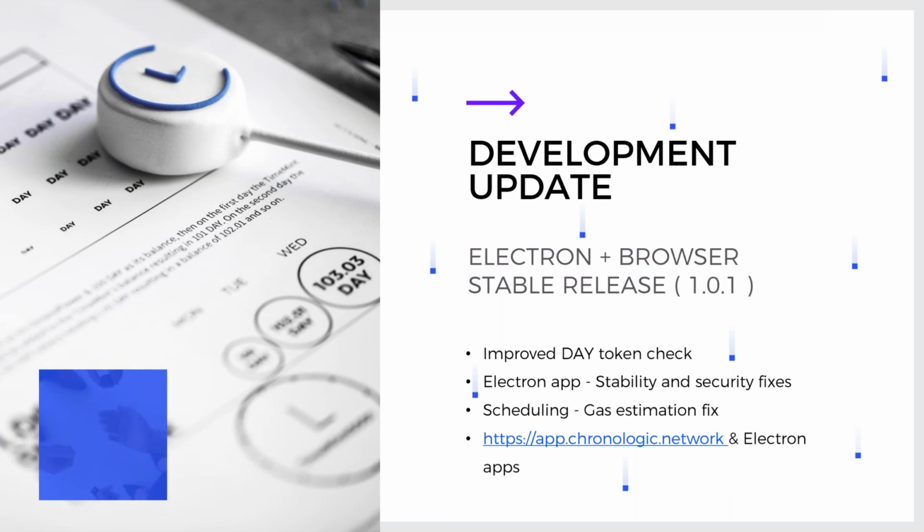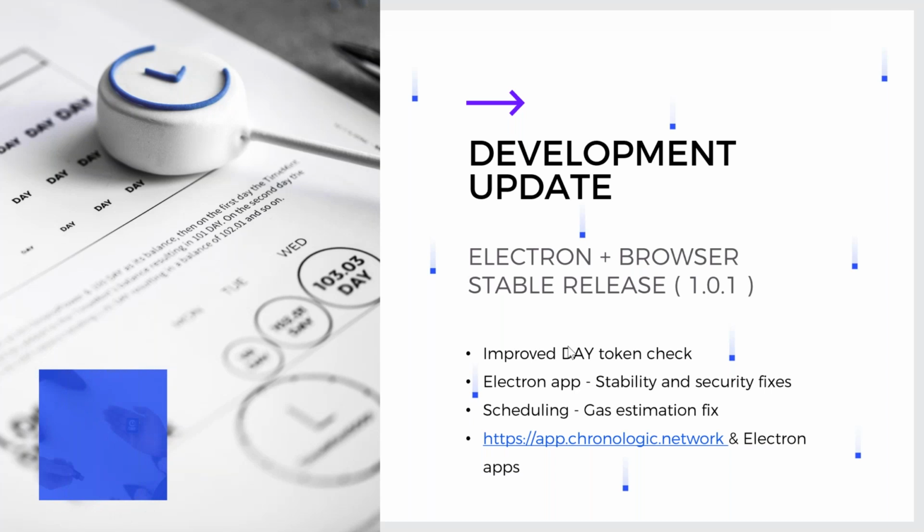Thanks, Logan. So, guys, we have a couple of development updates prepared for us. If you have been following the Telegram channel, then you can see that we pushed the stable release of the browser and Electron dApp. We have changed a little bit the way in which the day token check is performed.